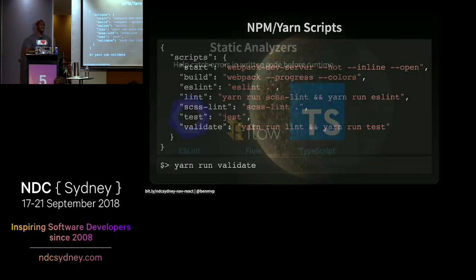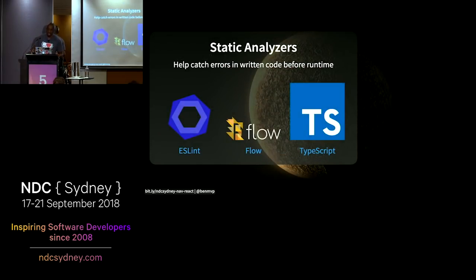So actually, speaking of linting, there's also static analyzers. So there's ESLint, there's Flow, there's TypeScript. And ESLint was originally used just for kind of fixing your code, or for people having a consistent way of writing code. But now it can actually catch common errors, especially, or in addition, in React as well.